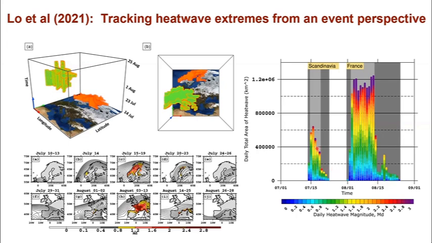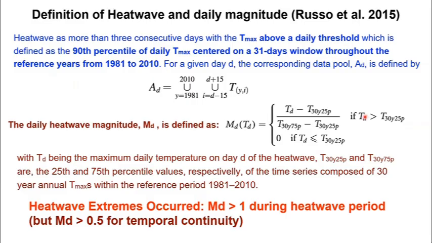The vertical axis shows the area, which is on average larger for the later one. The color means intensity, and the one in Western Europe is much more intense compared to the early one. So you can clearly see many different attributes of a particular event using this approach.